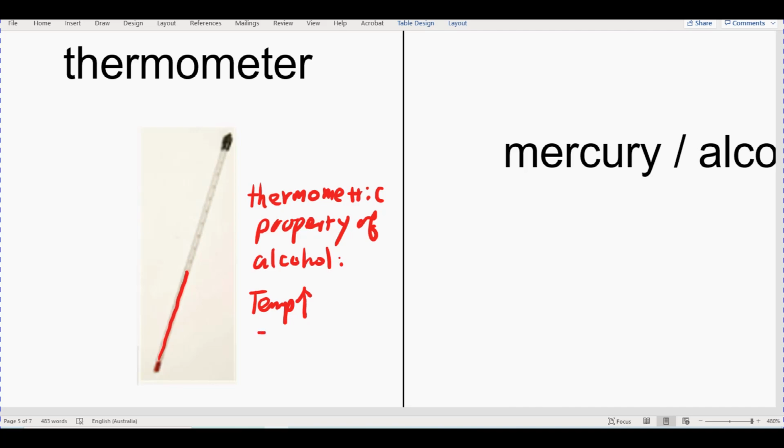When temperature increases, the volume of alcohol increases as well. So that's why it's called thermometric property. Because when temperature is increased, the volume of alcohol will be increased accordingly. And so that's why you can use this to measure the temperature. Okay, and that will happen for the mercury as well. So that's the thermometric property of the alcohol. So I just give you one example of this.